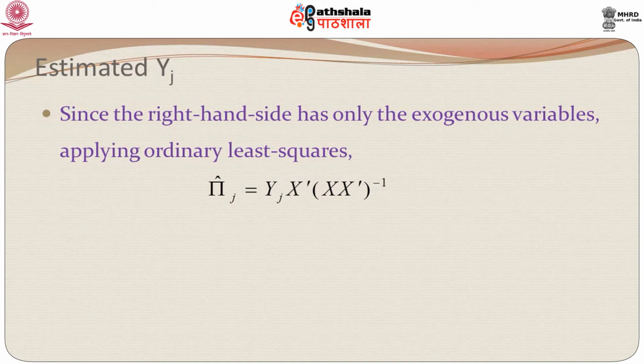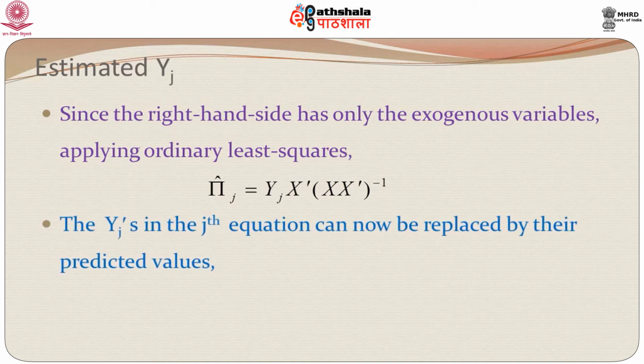Now, what we do is go back to the original jth equation and replace the Y_j in the jth equation by the predicted value Y_j hat, which is pi_j hat times x.